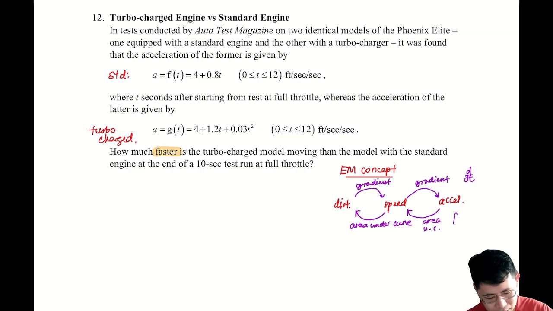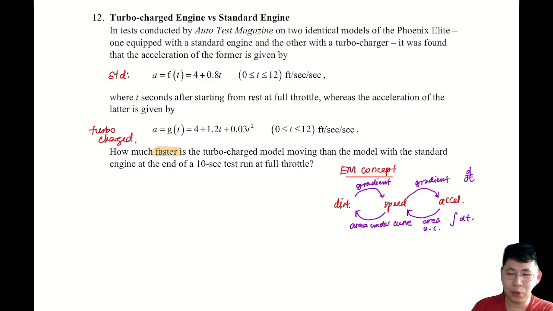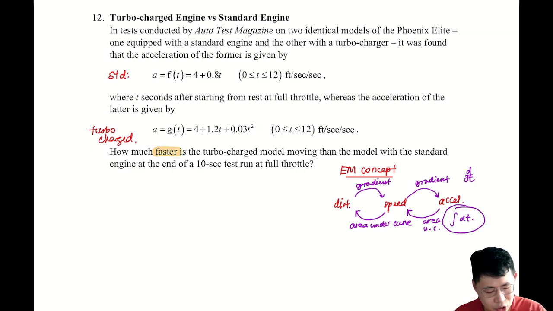It is integration. So in this question, we are going to integrate the acceleration for a 10-second test, the turbocharged minus the standard one, so that we can get the difference in speed.